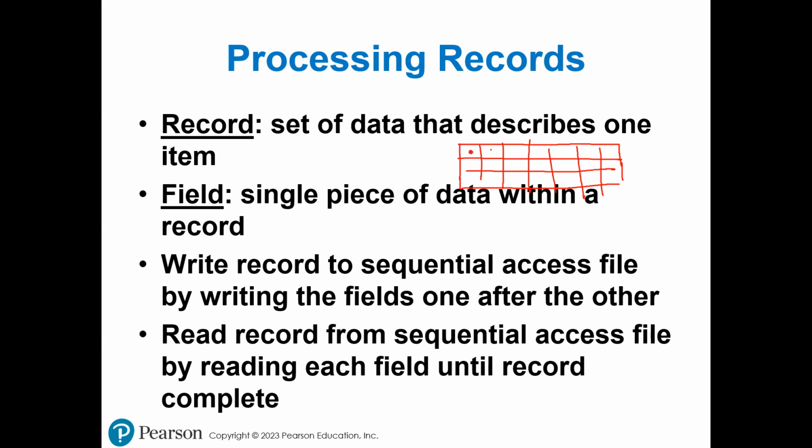So this is the first field, second field, third field, fourth field, and so on. And this is record number 1, record number 2, and record number 3. So in this little rectangle that I drew, we only have 3 records, but we have this many fields. Each small rectangle represents a field.